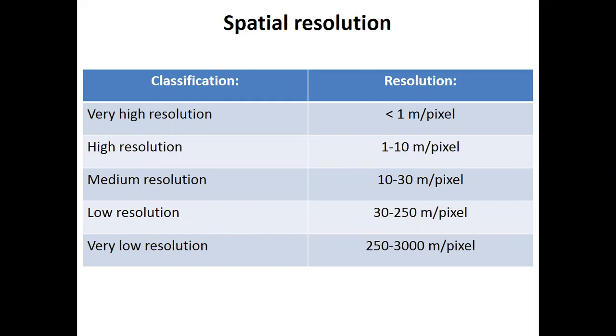And some, mainly meteorological satellites, have very low resolution sensors, which could be hundreds and even some thousands of meters per pixel.